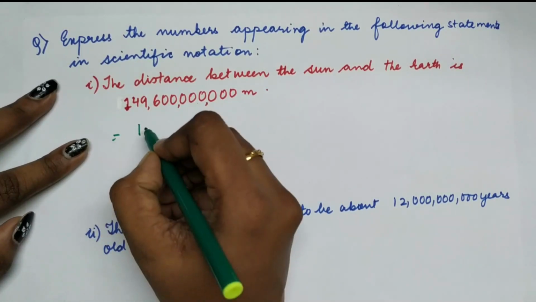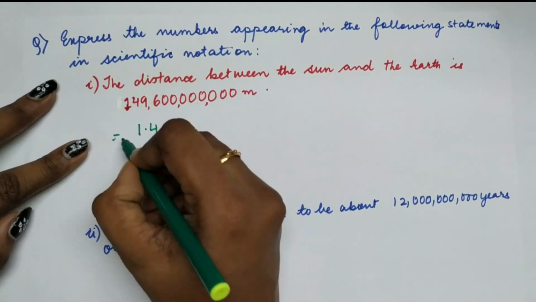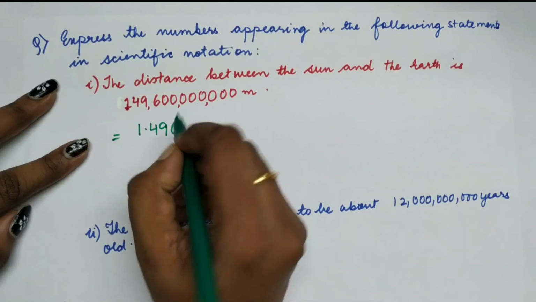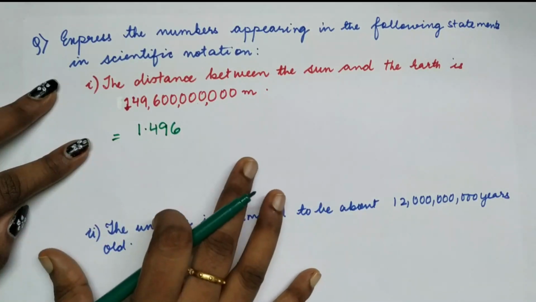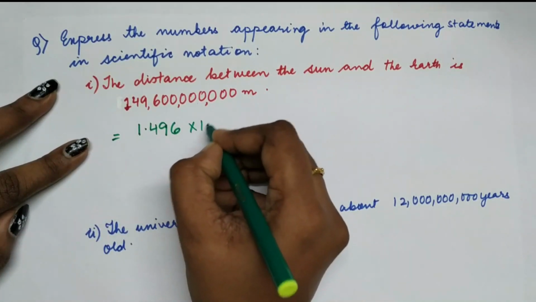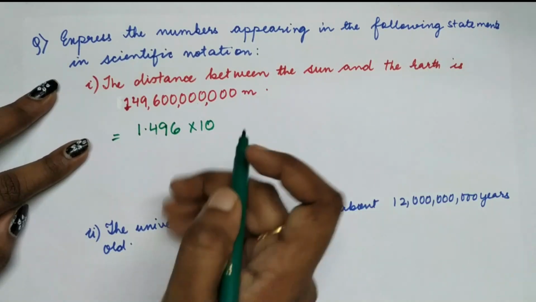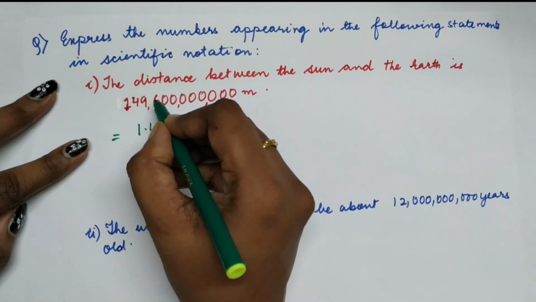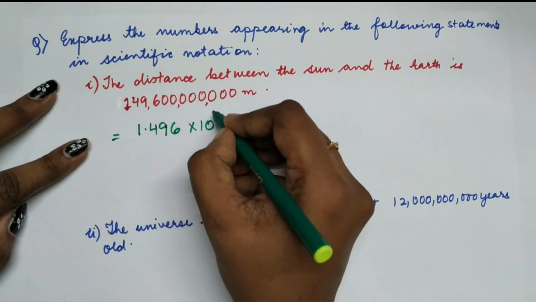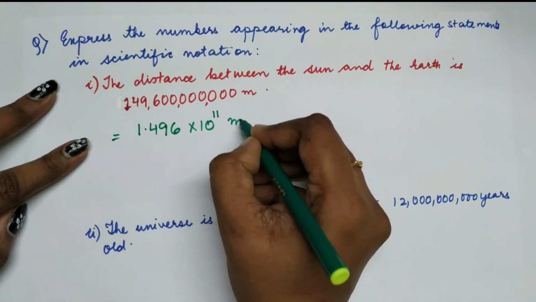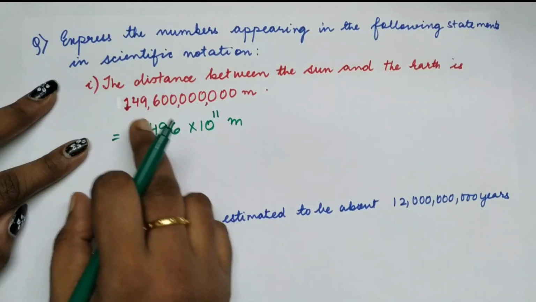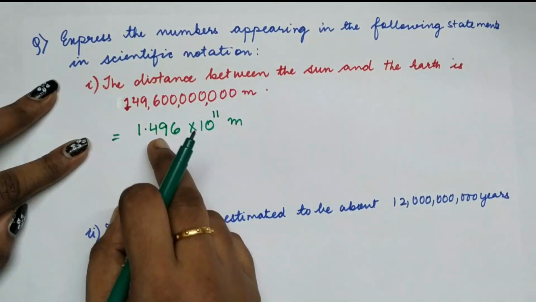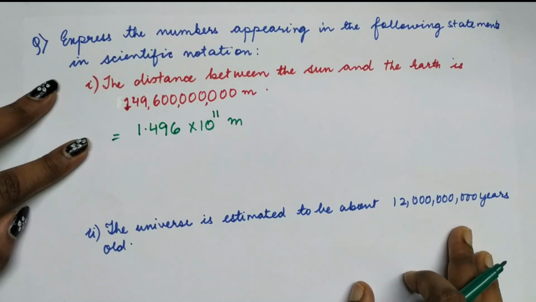So I will write 1.496 because these are the important numbers which I have to mention, and 10 to the power how many times? So let us count. 1, 2, 3, 4, 5, 6, 7, 8, 9, 10, 11. So 10 to the power 11 meters. So you can write the full sentence again, and in place of this number just write this given number.